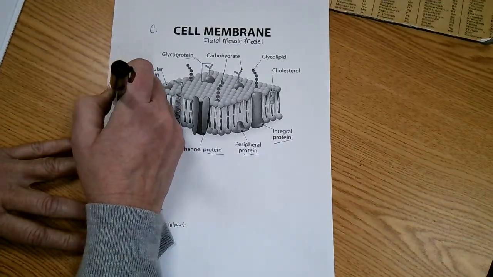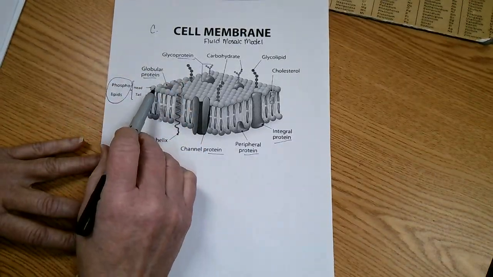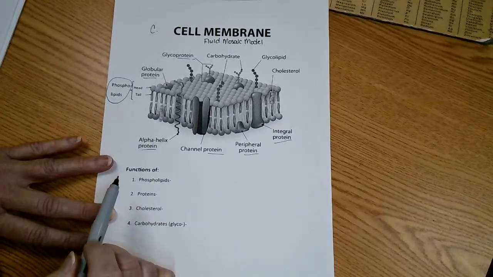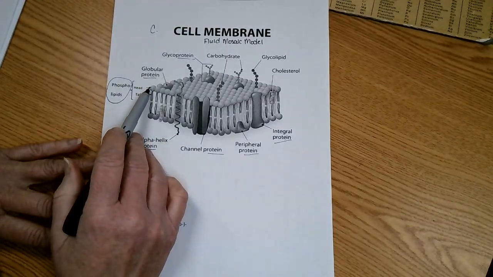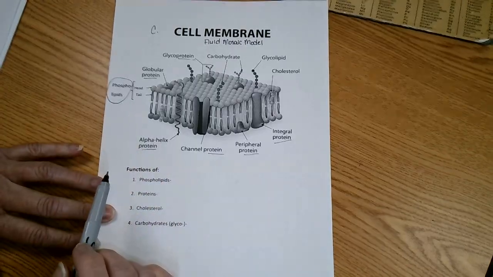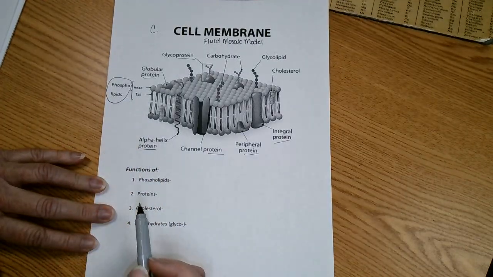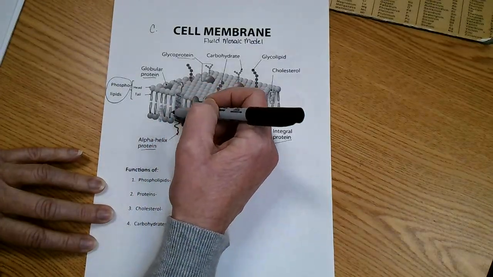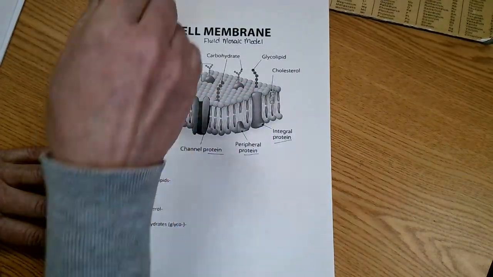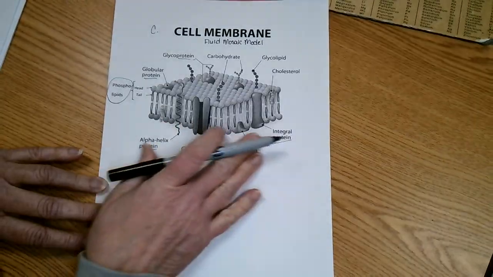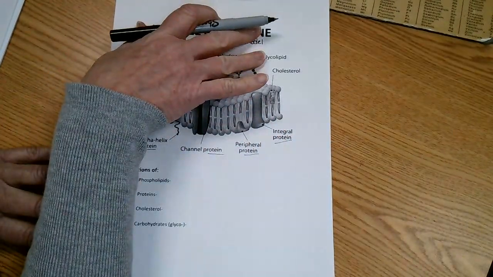Phospholipids right here, okay, phospholipids are little balls with 2 tails. They have the head and the tail. The head is the phosphate group and the tails are the fatty acids. The head likes water, the tails don't like water, and there's a bilayer where some point out and some point in. So say this was the inside of the cell and this is the outside of the cell.